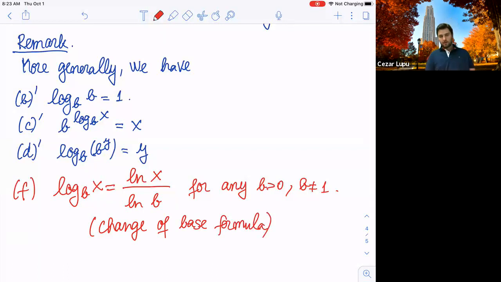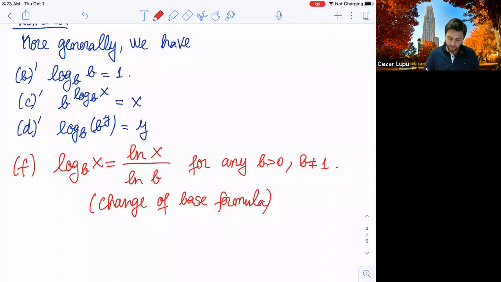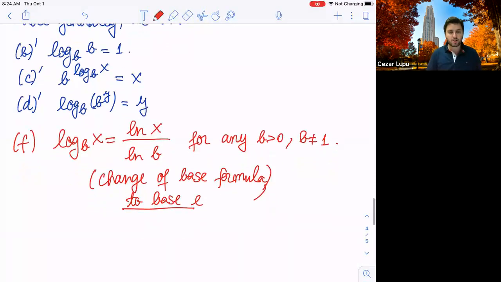So this is how we change the base. Now you see, we changed this to base E, but you can change it to any base you want. You can change it to base 10, you can change it to base 2, and so on. So this is the change of base formula to base E. Let me be specific. For example, you can change to base 2.